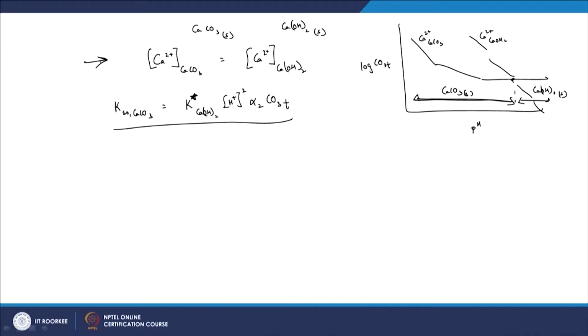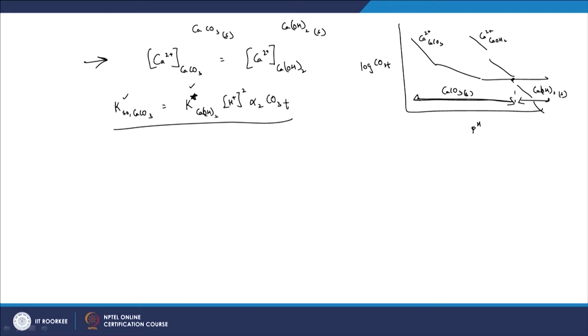So now I have to figure out a way of breaking this down into sections where for a particular pH this is the solid that is going to predominate, and for another pH the other solid is going to predominate. Let us see how we can go about that. For a given CO3 total, the solubility product of CaCO3 and the modified solubility product for Ca(OH)2 are constants.